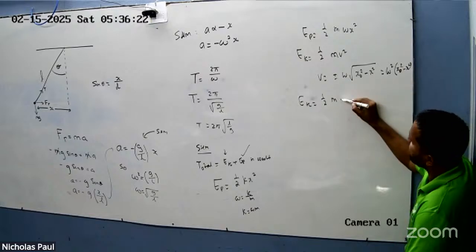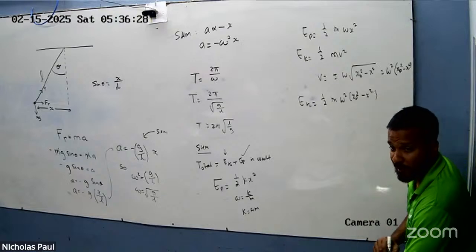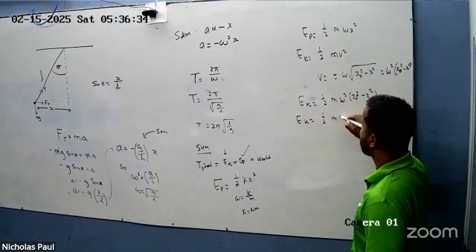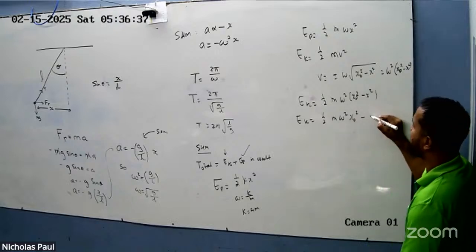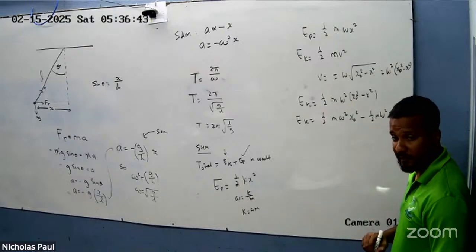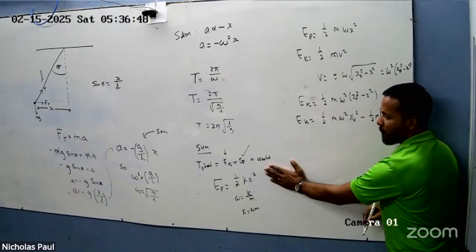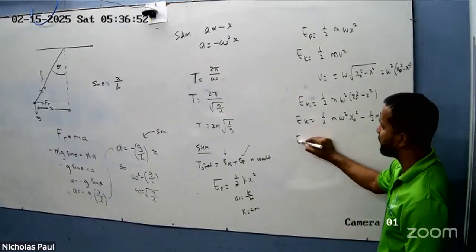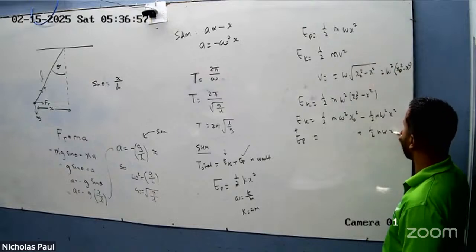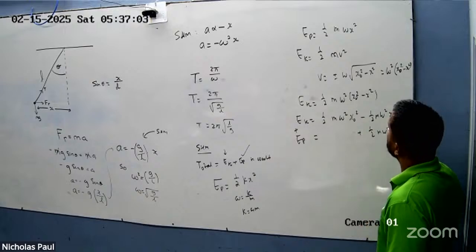I'm going to put that here. If I multiply this out, kinetic energy is equal to half m omega squared x naught squared minus half m omega squared x squared. You see that? This is kinetic. What is the total mechanical energy? Kinetic plus potential. If I add potential, a half m omega squared x squared, you get half m omega squared x naught squared.